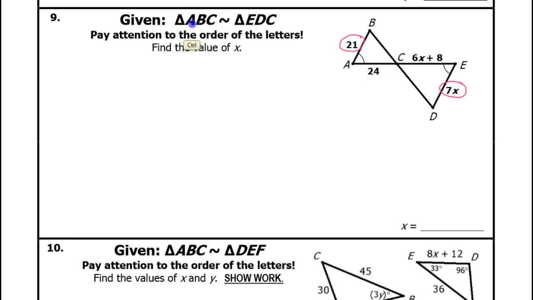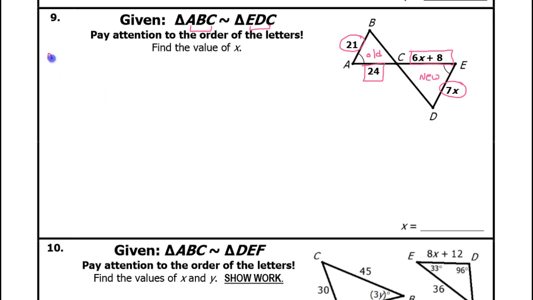AC, that's the beginning and the end. So that's going to correspond with EC. So here's AC and here's EC. So those are corresponding. I'll consider this to be the old and this to be the new.